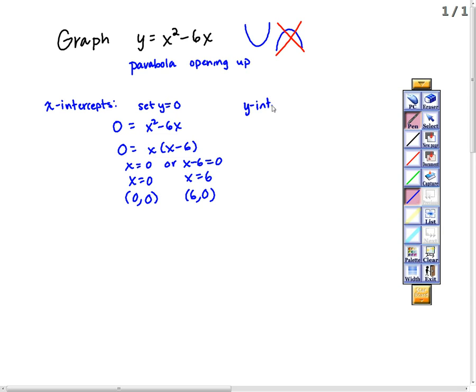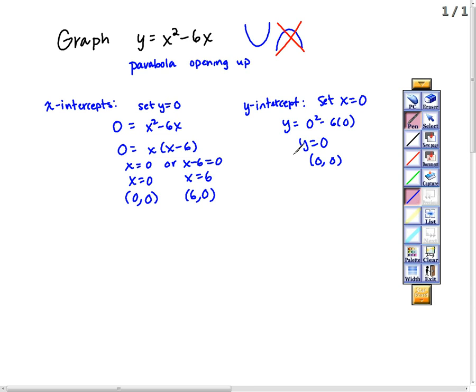Let's find the y-intercept, if there is one. Sometimes there may not be. To do so, we set x equal to 0. We get y equals 0 squared minus 6 times 0, or y equals 0. So we get the point (0, 0).